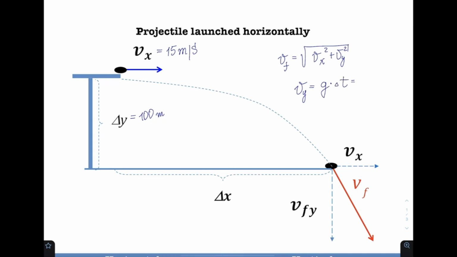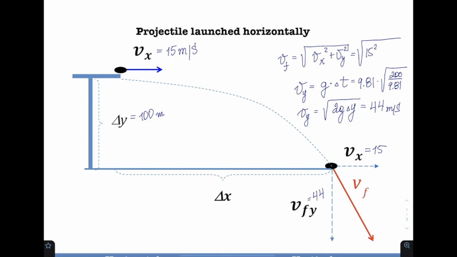So in this case, it's going to be 9.81 times root of 200 over 9.81. Your other option, you can find Vy as the square root of 2g change in y. Either way, you're going to end up with the same. So that gives me 44 meters per second. Root of 15 squared plus 44 squared gives me 46 meters per second.